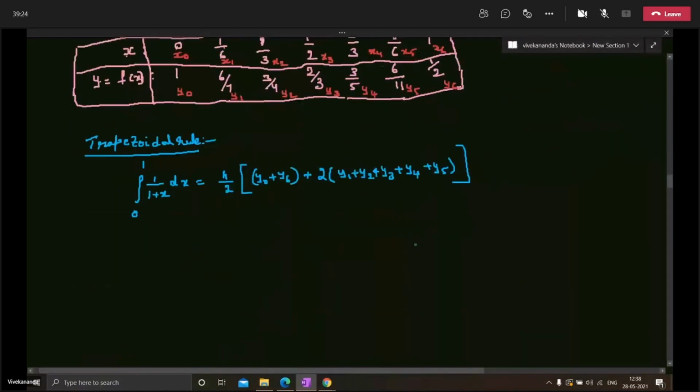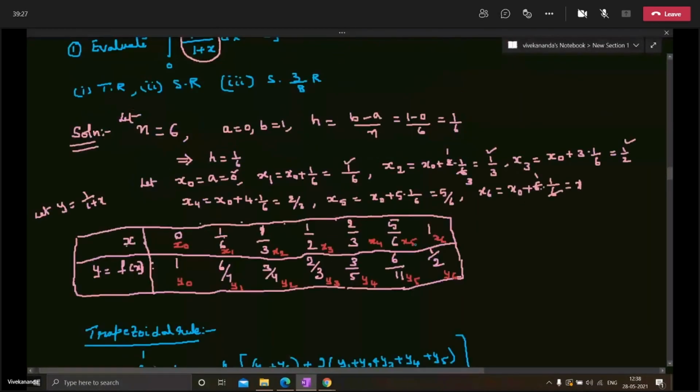Now see here, h is how much? h is 1 by 6. You write that h is 1 by 6.